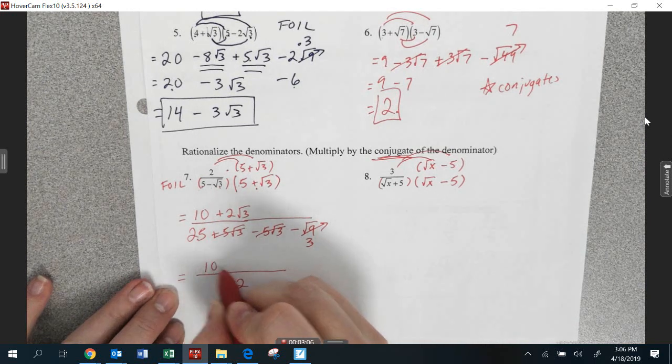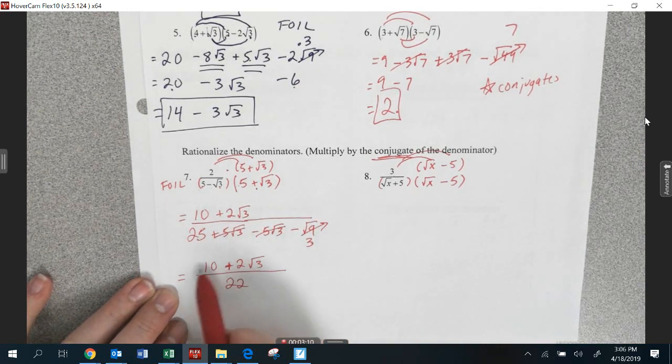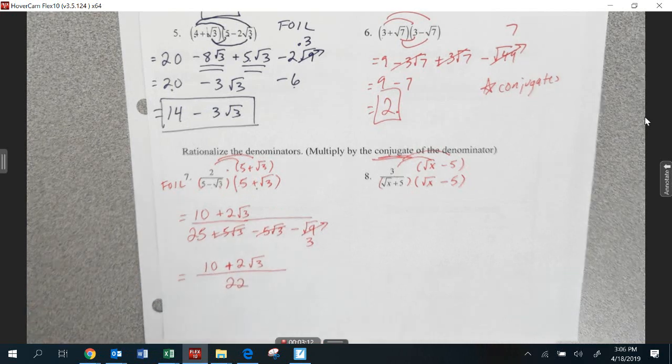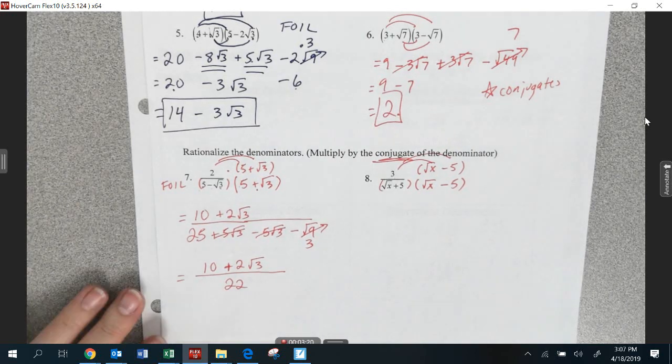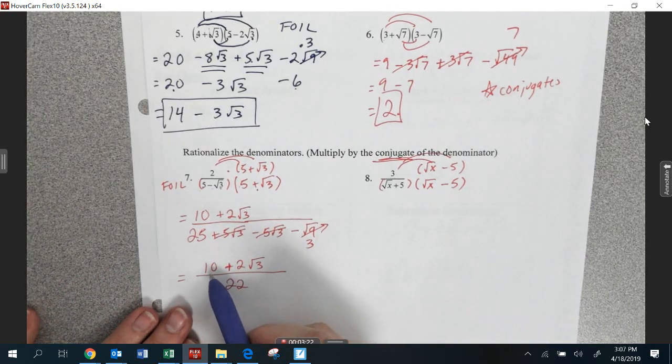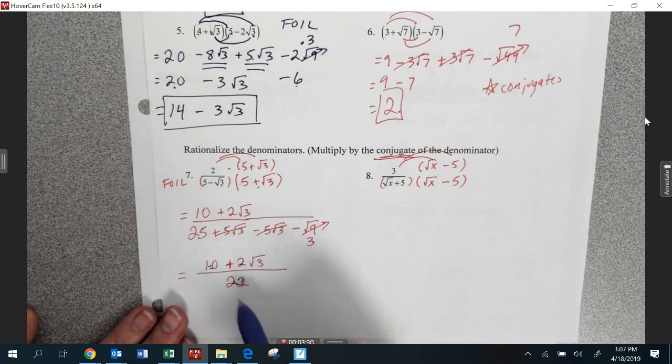Whereas in the numerator I'm going to be left with 10 plus 2 radical 3. And remember, I cannot add those up and combine those because they are not like terms. This one has a radical, this one does not. What I can do, however, is a little bit more factoring. If there is a common factor of each of these coefficients, these two coefficients plus your denominator, I can simplify a little more.